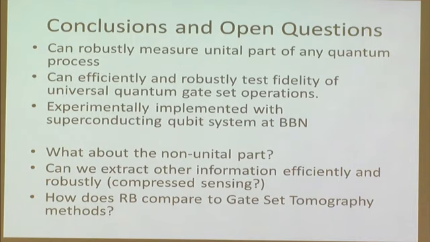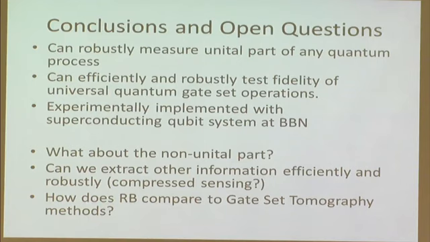Compressed sensing basically allows you to reconstruct a state or a process more efficiently than you could otherwise. So we could hopefully cut back on that exponential scaling, make it maybe not such bad exponential scaling to estimate a process.